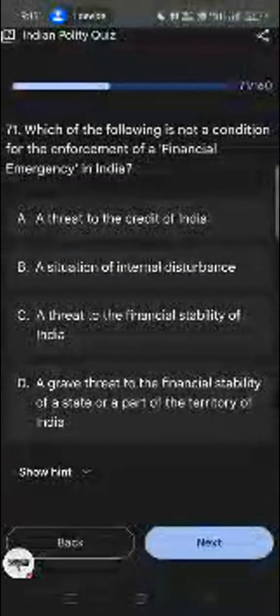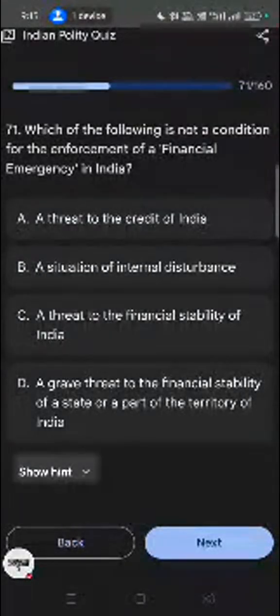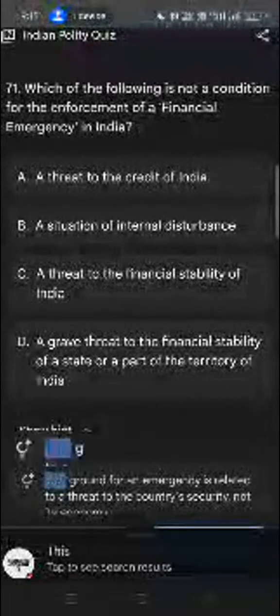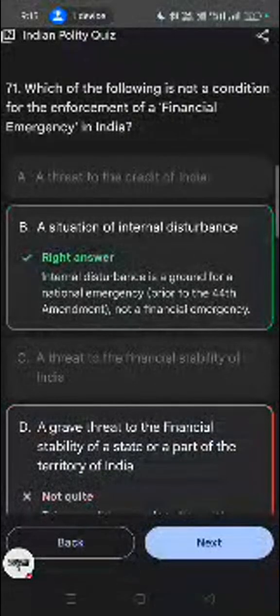A threat to the financial stability or credit of India is a condition. Internal distress is not a condition; internal distress relates to national emergency.